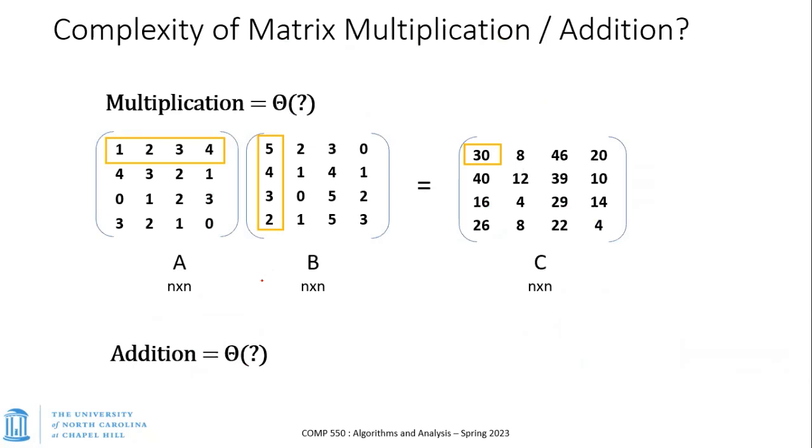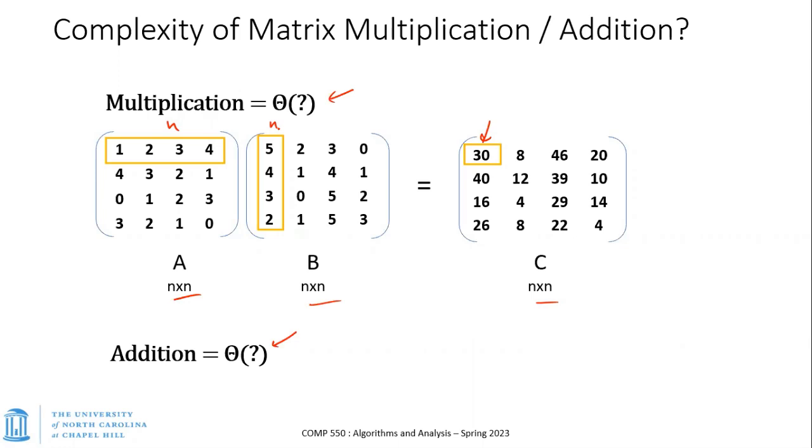If you look at multiplication, what's the complexity of multiplication as compared to addition? Let's say you have an n by n matrix. What is the complexity of multiplication, and how does that compare to addition? If you try to calculate an individual element of C, and this has n elements here and n elements here, what's the complexity of just calculating a single element of C?